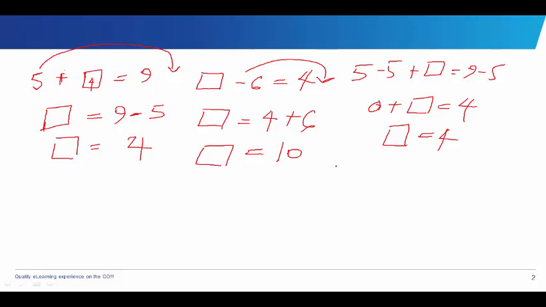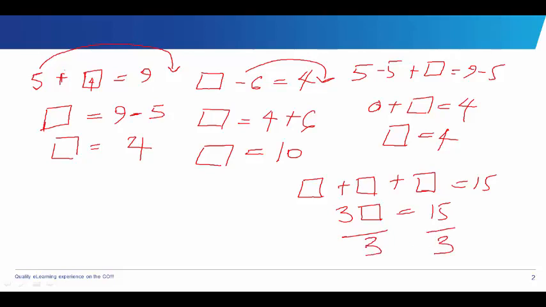Okay, let's try another example. We have this one. A box plus a box plus a box equals 15. So our 3 boxes give us 3 boxes equals 15. Now what we'll do is divide both sides by 3.